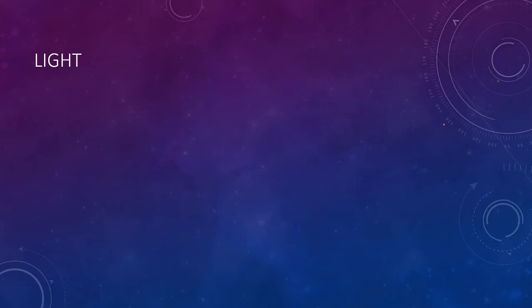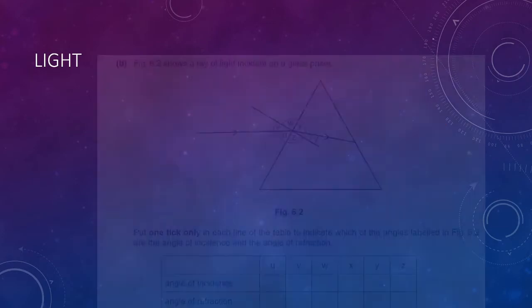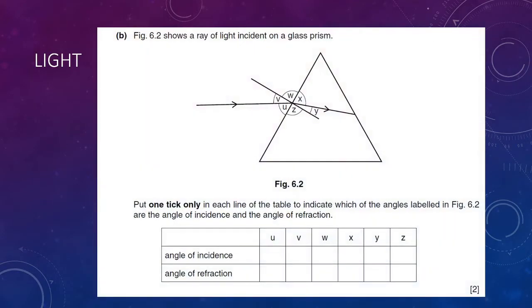Question 6b. Figure 6.1 shows a ray of light incident on a glass prism. Put one tick only in each line of the table to indicate which of the angles labeled in figure 6.2 are the angle of incidence and the angle of refraction.